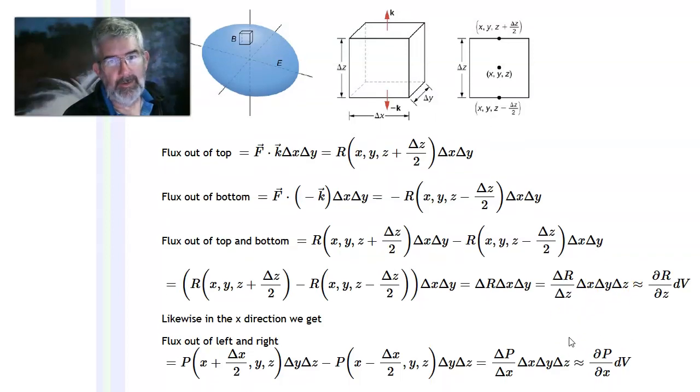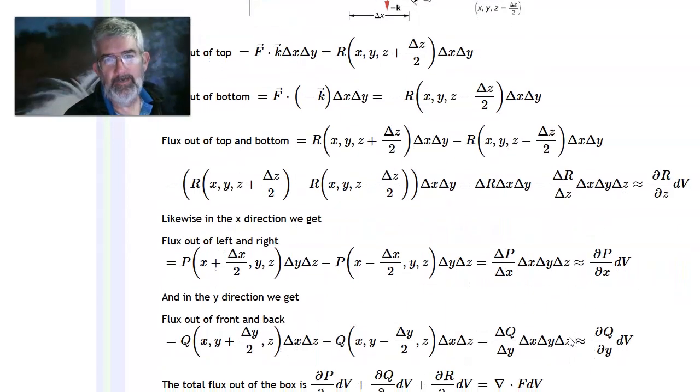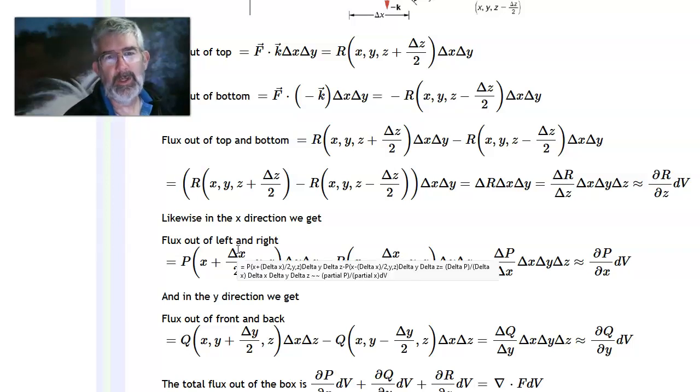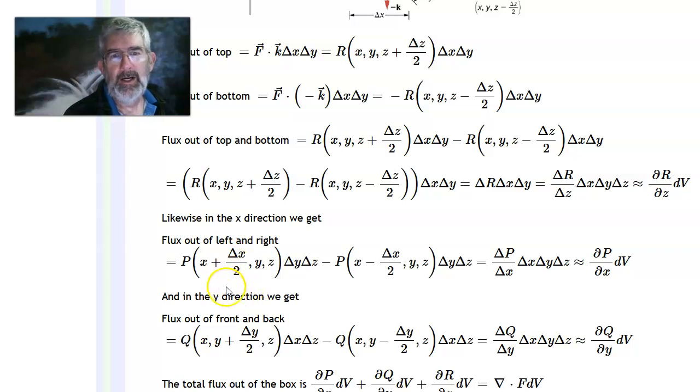Likewise, in the x direction, the flux out of the left and right sides, the normal vector in the x direction would be i, which is 1, 0, 0, or minus 1, 0, 0, depending on which side you're looking at. So you're not going to be getting r out of this dot product, you're going to be getting p, the first component of f.